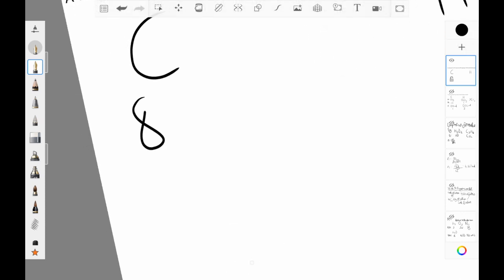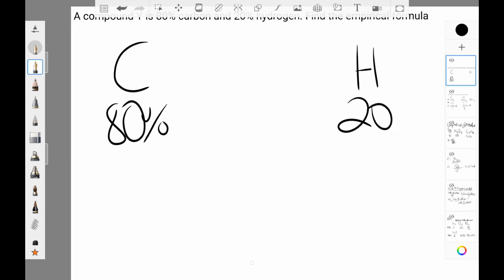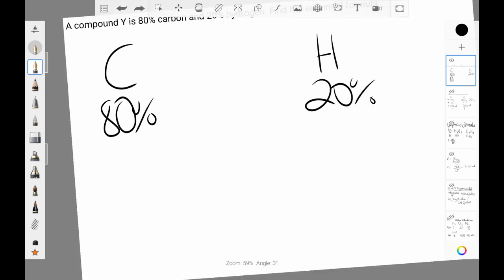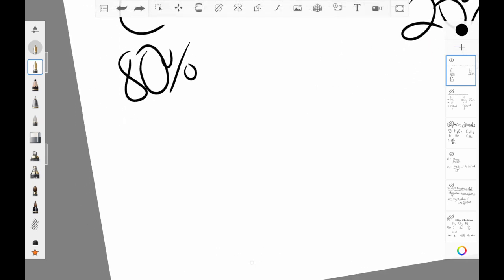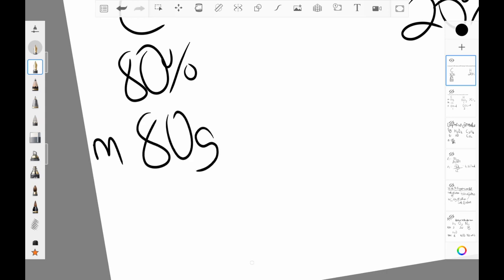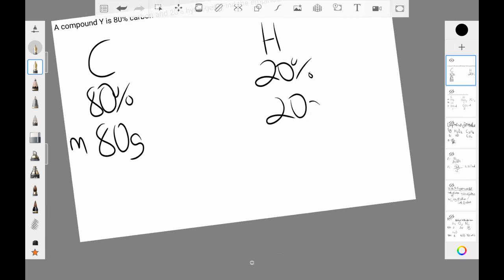There's 80% carbon and 20% hydrogen. Now, in cases where they just give you a percentage, you can simply take the percentage as the mass. What I mean is, you can just take 80% as 80 grams and 20% as 20 grams. And now you just go about the process as usual.